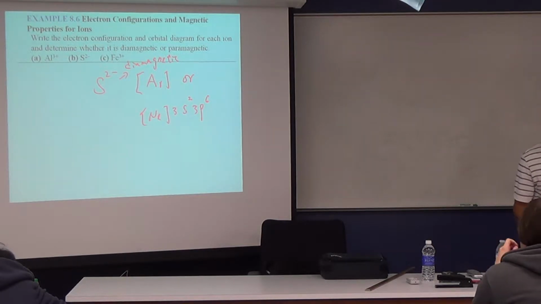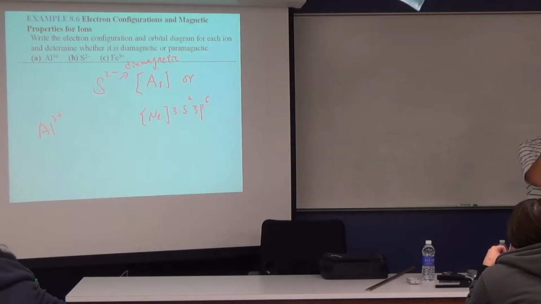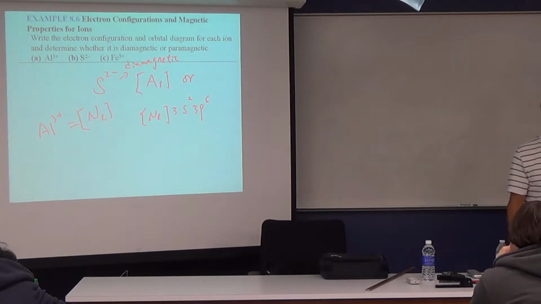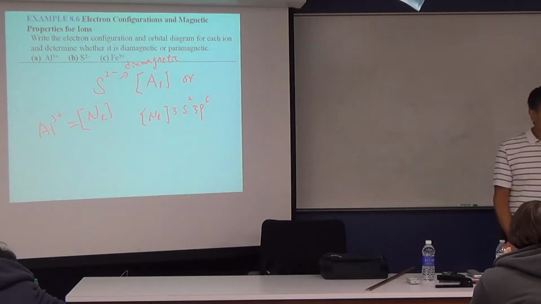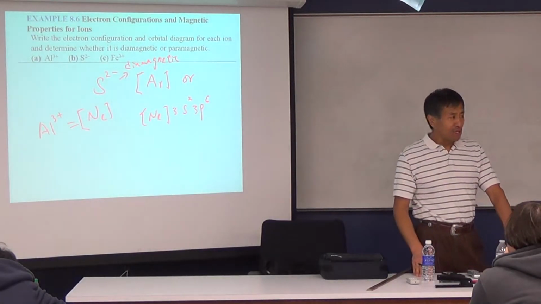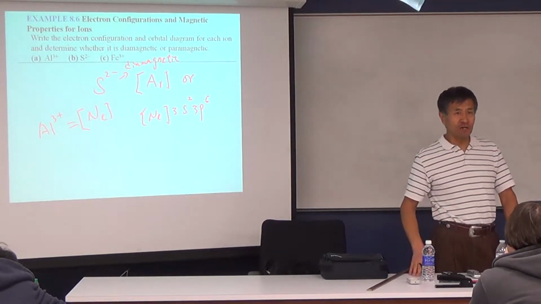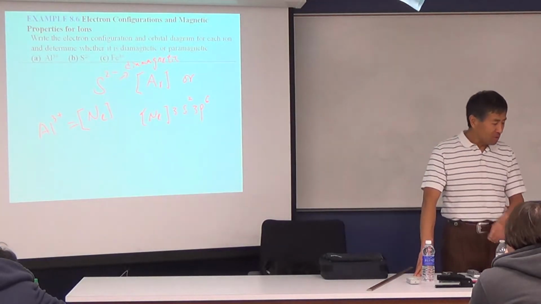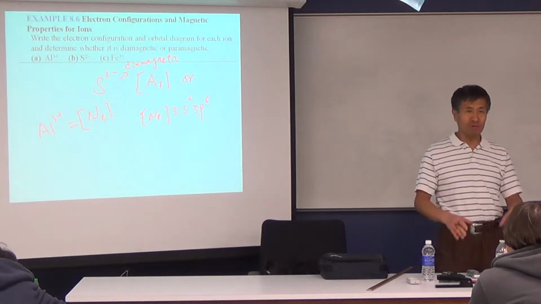What do you think about the Al3 plus? Do you still remember the electron configuration for Al3 plus? That becomes what? Neon. Yeah, very good. So for those group A elements, after you take the electrons away, or put the electrons on, possibly they become the nearest noble gas. Obviously for this example, sulfur 2 negative is very simple.